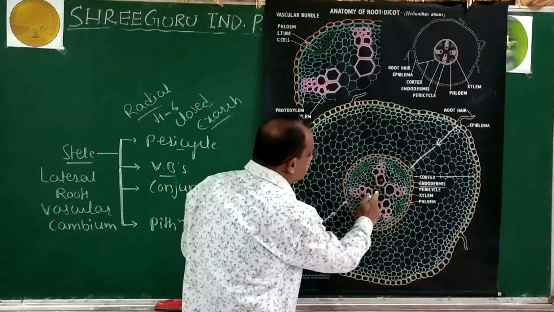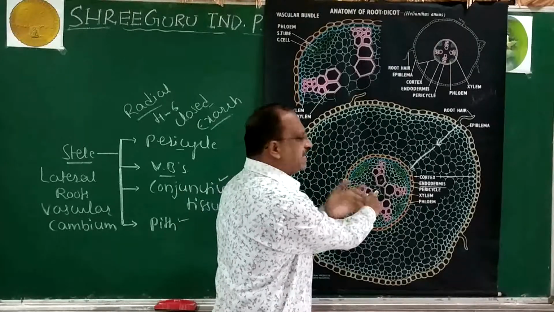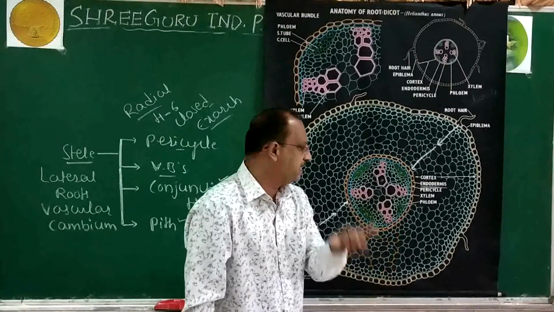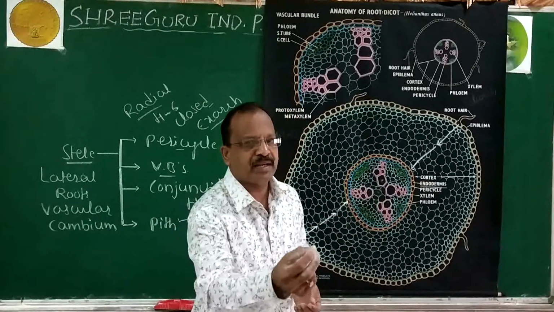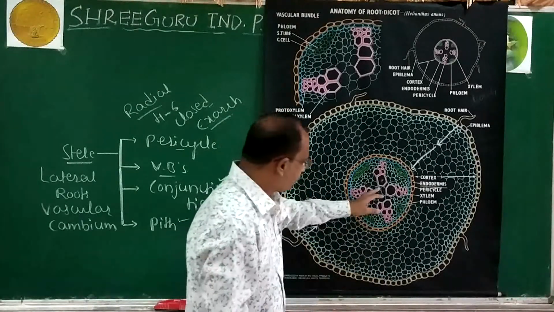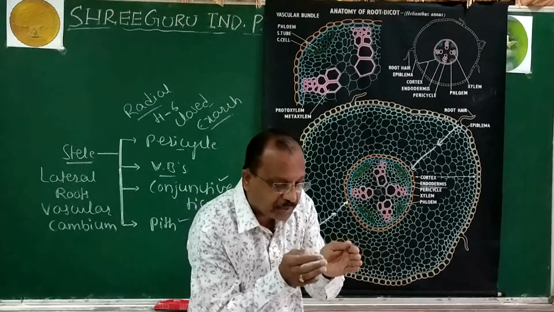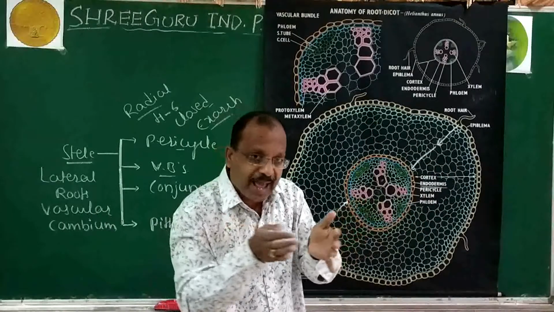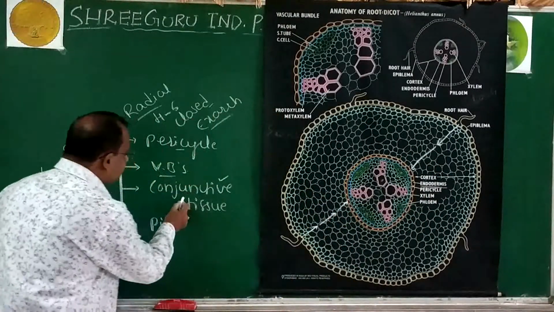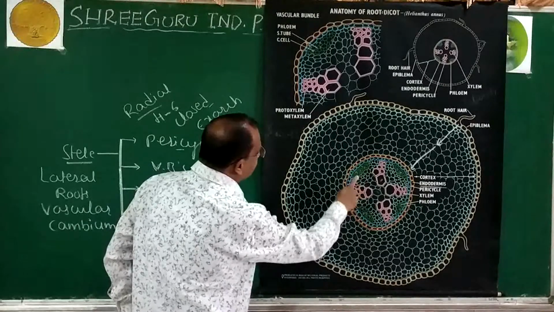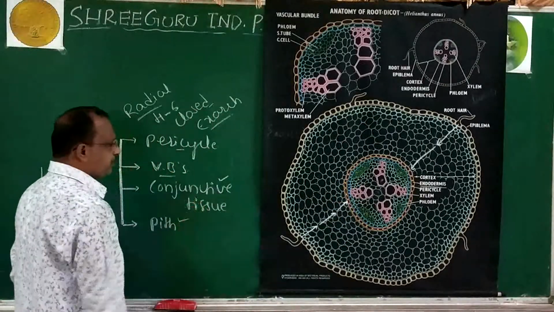Pith is the center region of the stele. It is made up of parenchymatous cells. But please remember, in case of dicot root, pith is narrow, not broad.